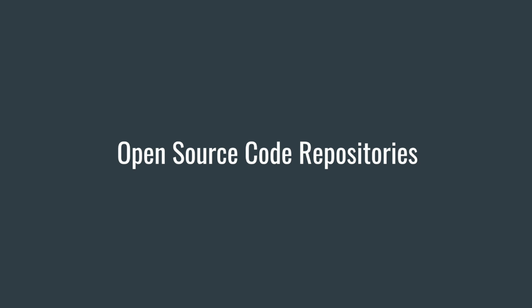Next up, let's talk about open source code repositories like GitHub and Bitbucket. These repositories are a direct window into a project's source code, so they're also a great source of intel for hackers.